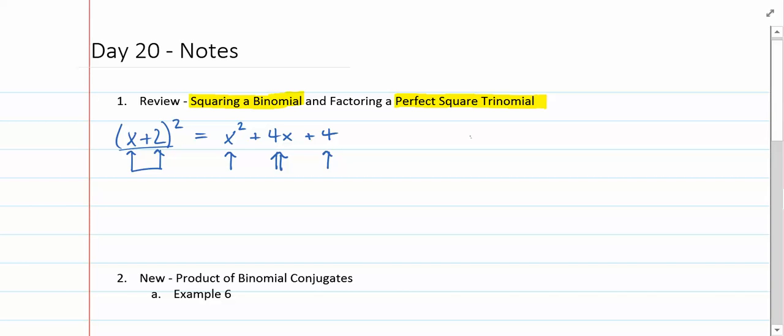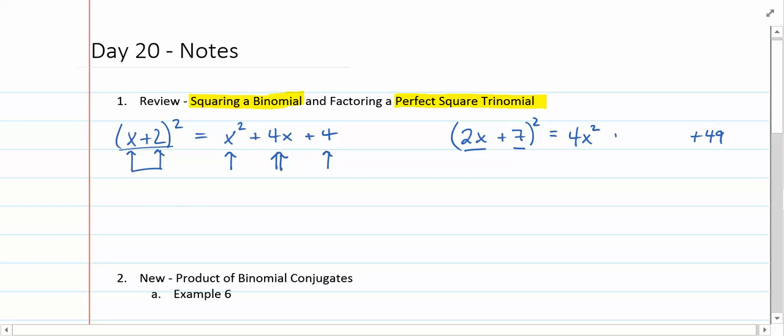Let's quickly look at another. If I were to give you something like 2x plus 7 squared, its result must be first part A squared, so 2x squared is 4x squared. The last value is going to be 7 squared, which is a positive 49.